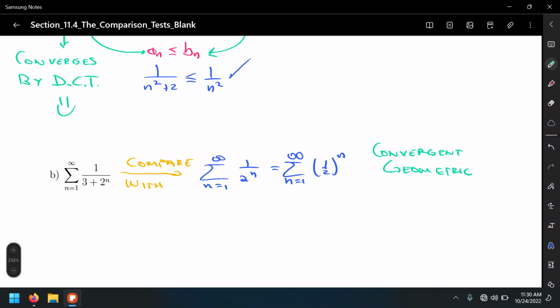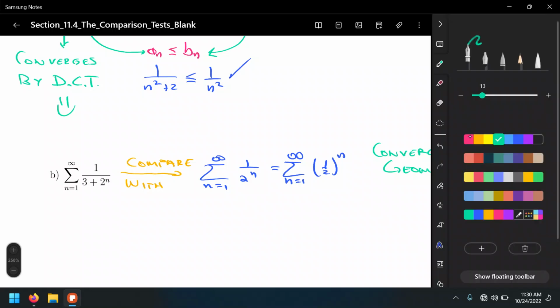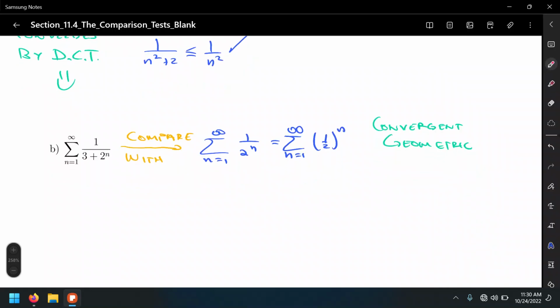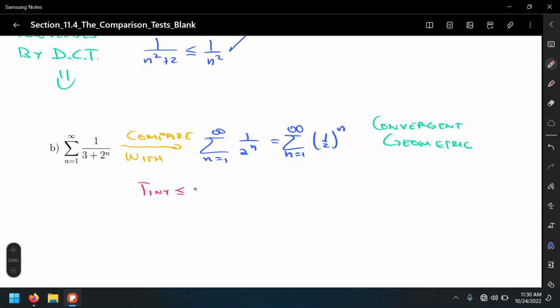Because we came up with another convergent series, again we will have to show that tiny is less than or equal to small. In other words, a sub n, which is the mystery series, is less than or equal to b sub n, which is the test series. All we do is set up the inequality in accordance with that.